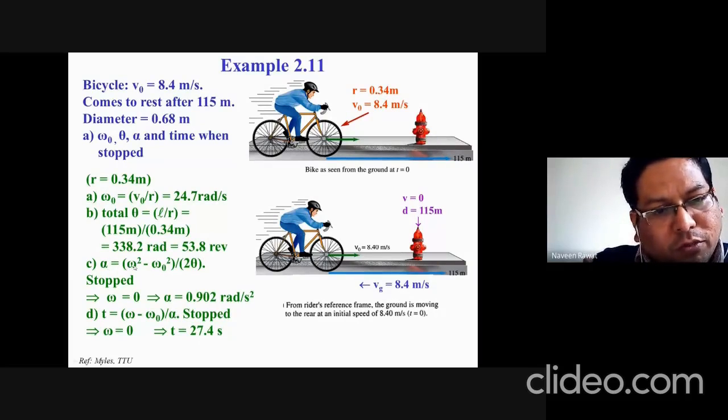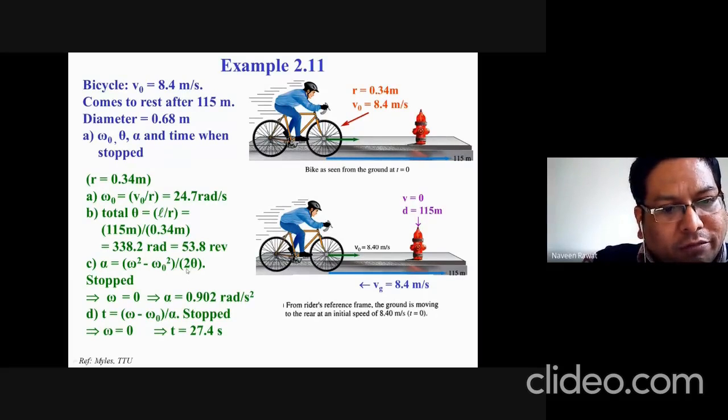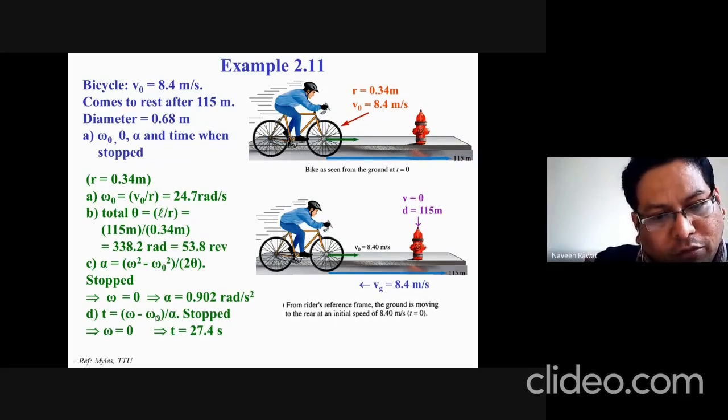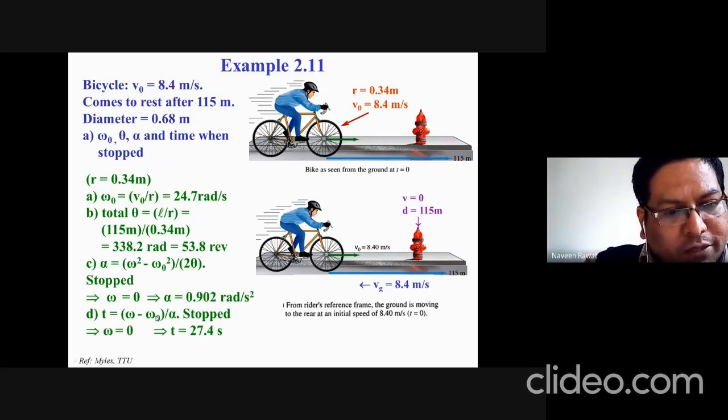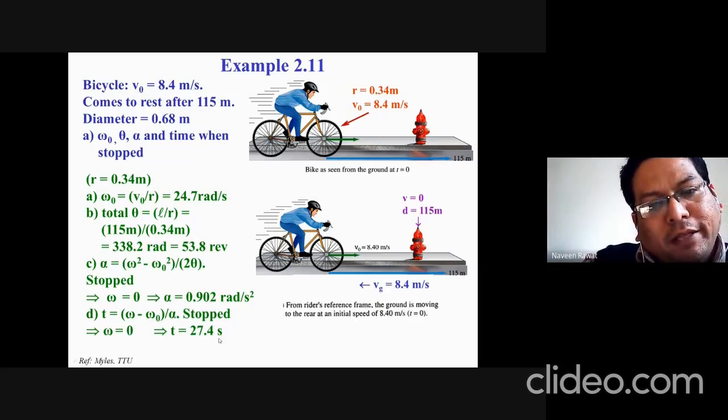And from here you can just use your equation to calculate the value for acceleration, which will just be omega squared minus omega 0 squared divided by 2 theta. Okay, and if you do that, you will get the value for alpha, which is the deceleration that this object has to go through. And to get the time now, you can use another equation. Remember, omega 0 is omega plus alpha t, and if you do that, you can get the time that this object will travel before it stops.